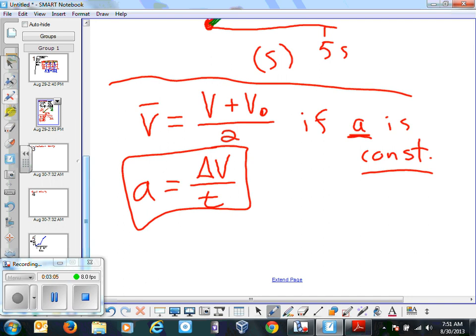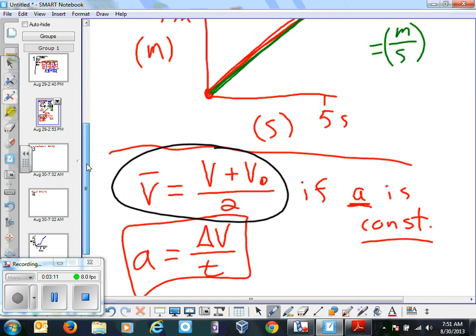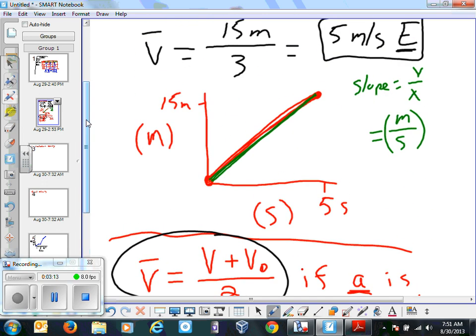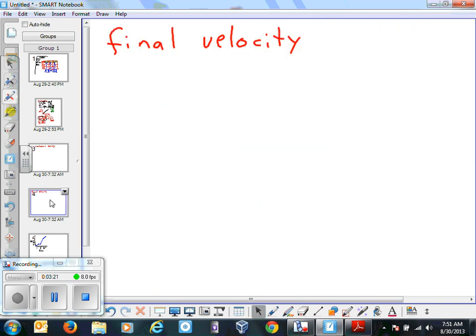Like I said, this only works if we have a constant acceleration, but in this case, we have a constant velocity because we have a constant slope, so it doesn't have to do with that graph. Okay, so let's take another look at final velocity then.